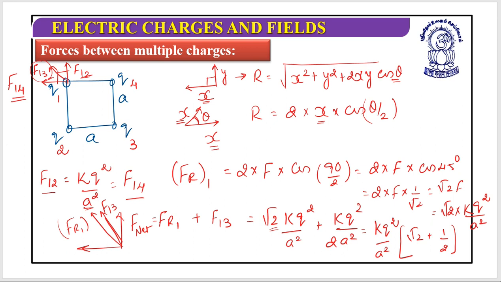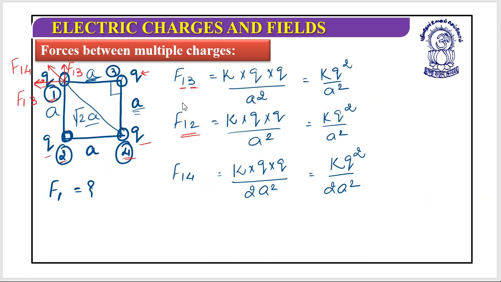So let's recall it. When we need to find out the force between more than two charges, we first calculate the magnitude of the force by each charge. So when I need to calculate the force on the first charge, I find the force by the second, force by the third, and force by the fourth.